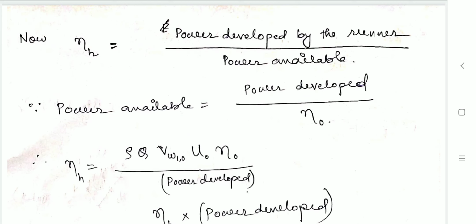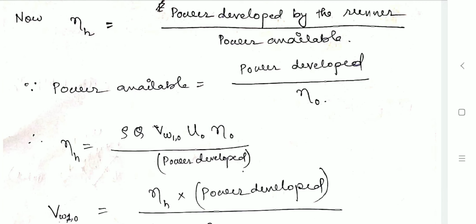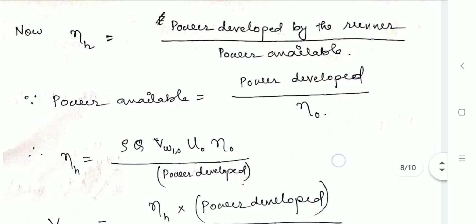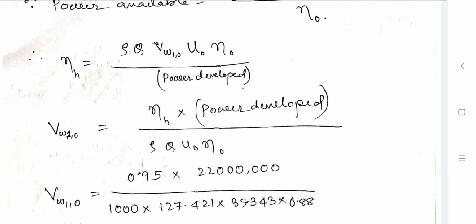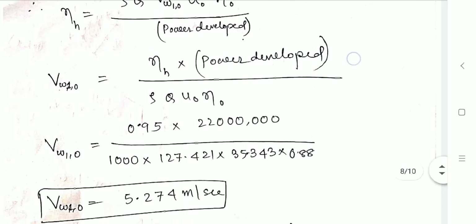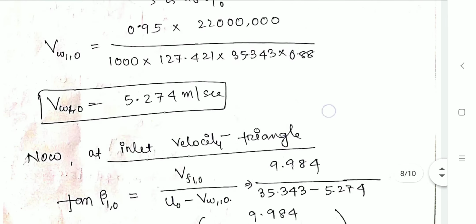Since the power developed by the runner is given by Euler's turbo machine equation, rho q vw1 naught u naught, we substitute it. After a little rearrangement we get that overall efficiency is equal to rho q vw1 naught u naught into eta naught divided by power developed. So from this equation we can calculate the tangential component of the absolute velocity at inlet, which comes out to 5.274 meter per second.